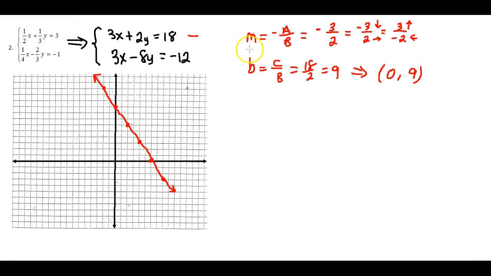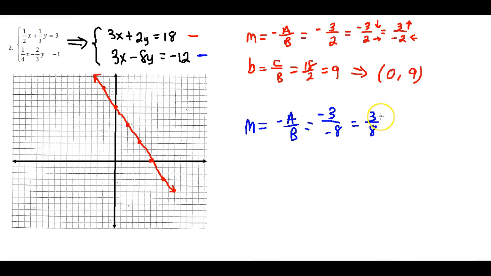So now from here, we'll go ahead and do our work for the next equation in blue. Slope is minus a over b, which is a negative, and then a is 3 divided by b, which is a negative 8. So we have positive 3/8 as the slope.